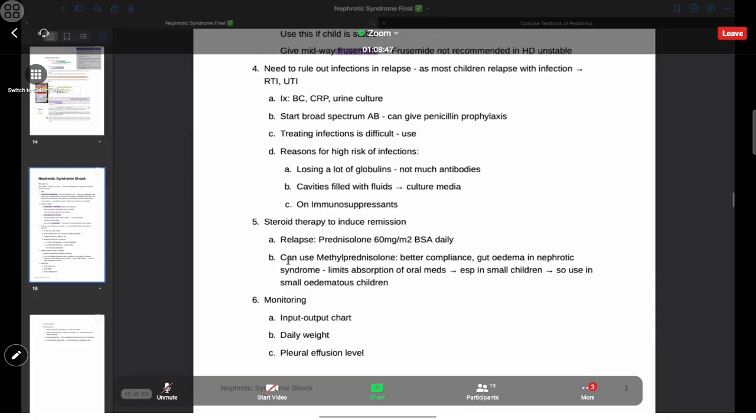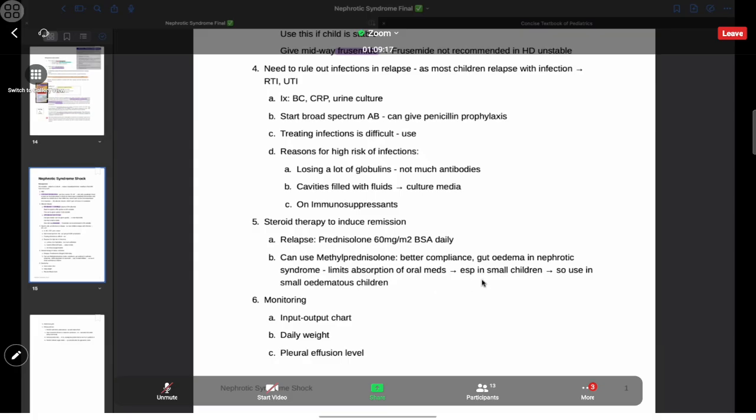Another thing that they might ask is methylprednisolone. When can we use methylprednisolone instead of prednisolone? The thing with methylprednisolone is that compliance is better because the dose is less frequent, obviously. And also, when they have gut edema, sometimes absorption of prednisolone is less, so that limits the absorption of your oral medications like prednisolone.